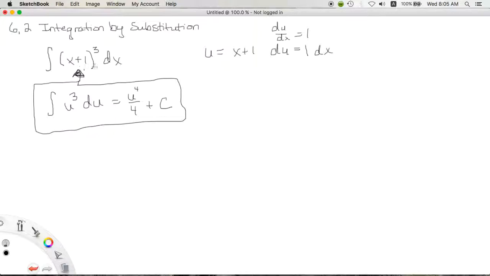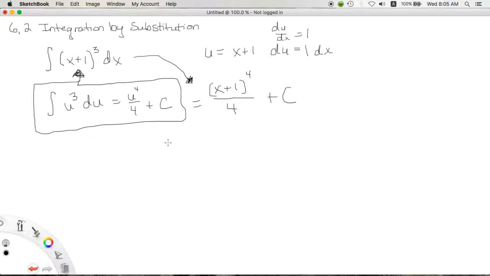So now we can substitute this in. Instead of writing x plus 1, we write u, and instead of writing 1 times dx, we write du, and then we can take the integral. Once we've found that integral, we substitute back in for what u is equal to, and we have our answer.